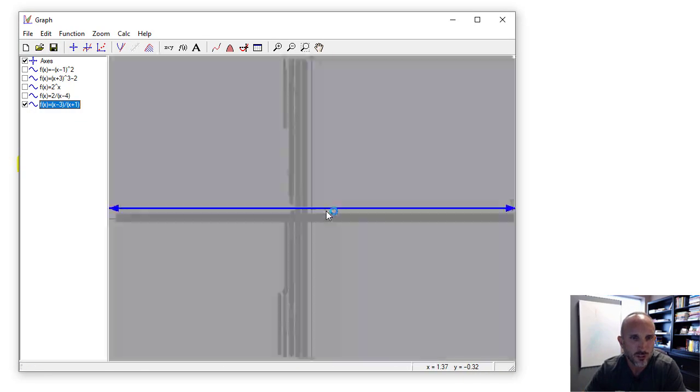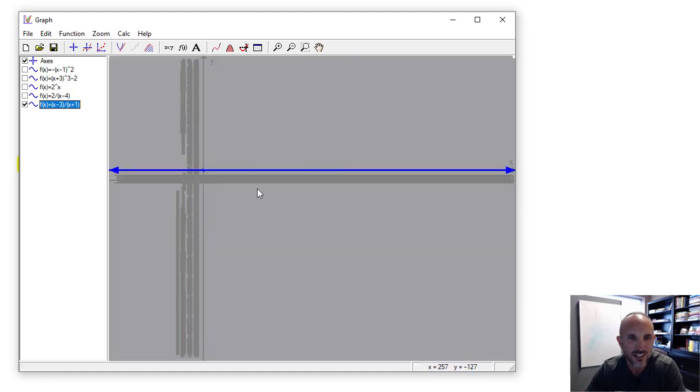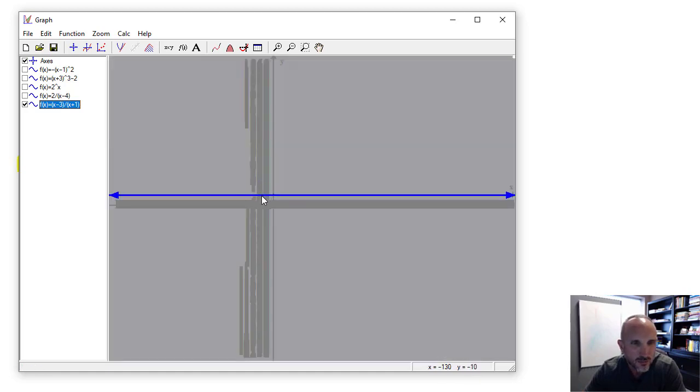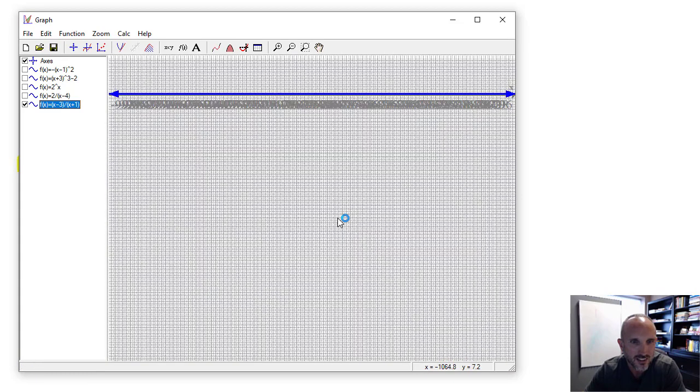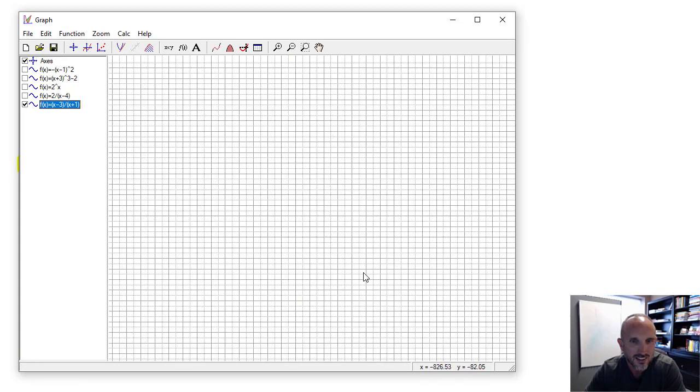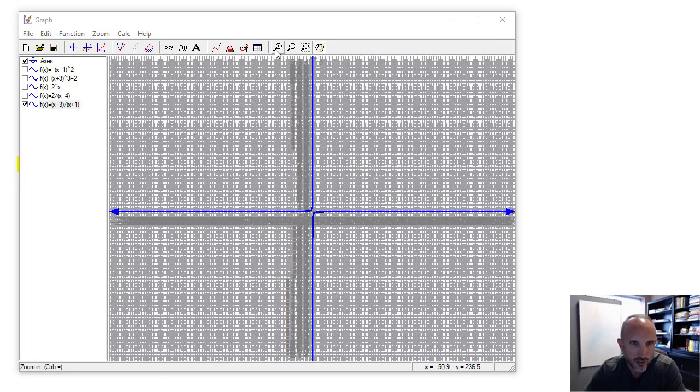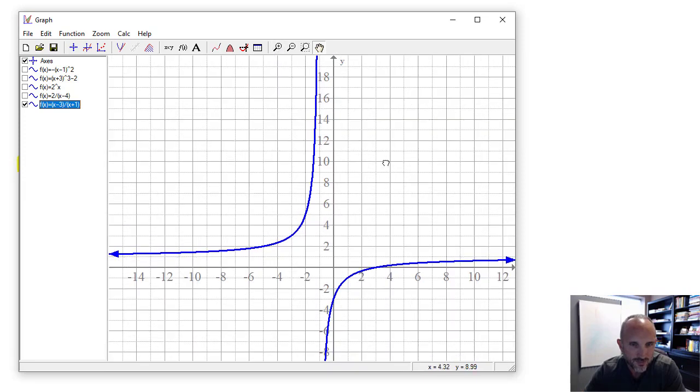When you zoom out, you can see that the end behavior is basically all that you see. You have to zoom in pretty far here, if I can even line it up properly. Yeah, so I don't have the origin on the page. Here we go. Let me zoom in now.